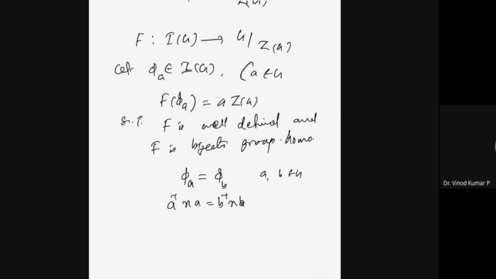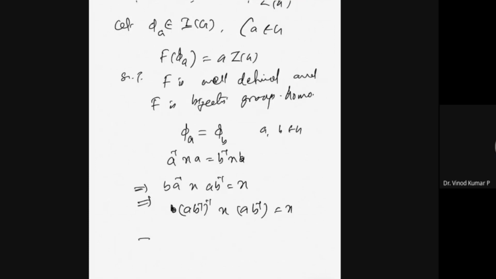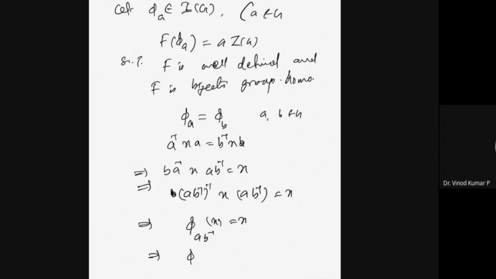So you pull out this b to the left side, so this will give you b a inverse x a b inverse equal to x. So that means phi suffix a b inverse of x equals x, that is phi of a b inverse is the identity map.